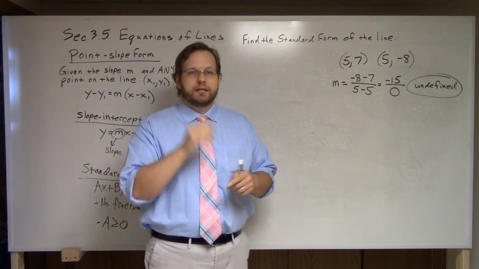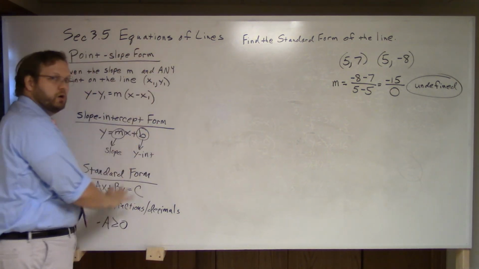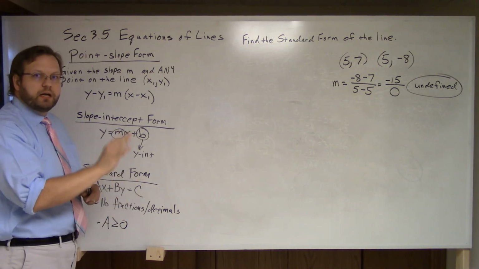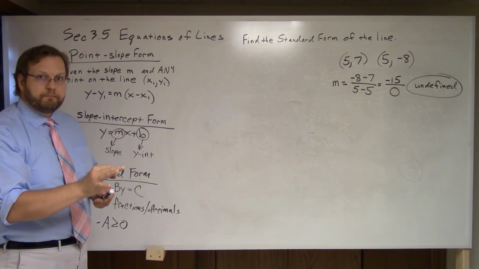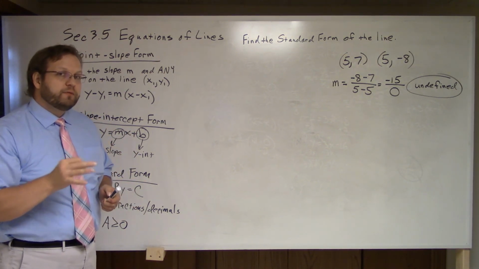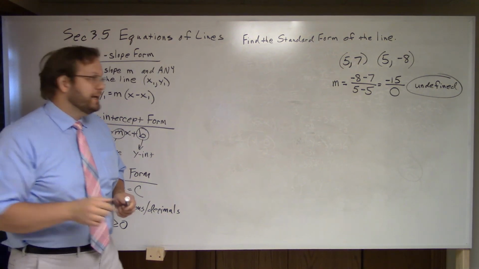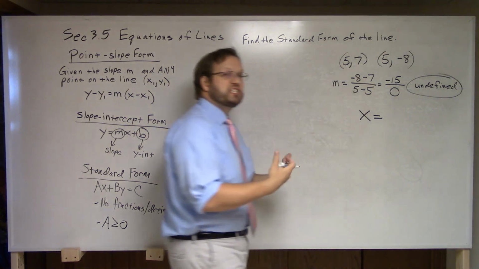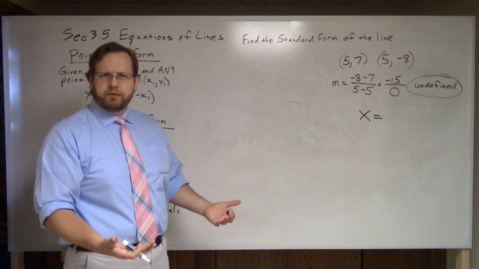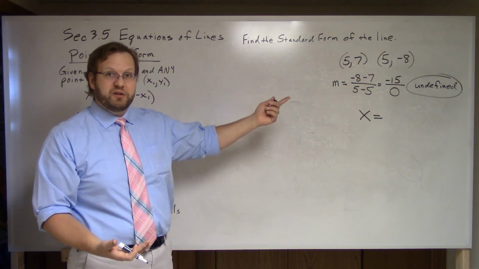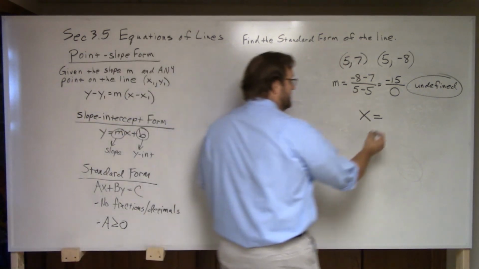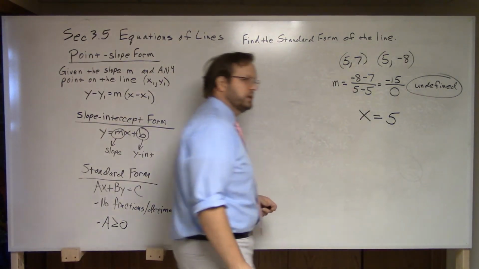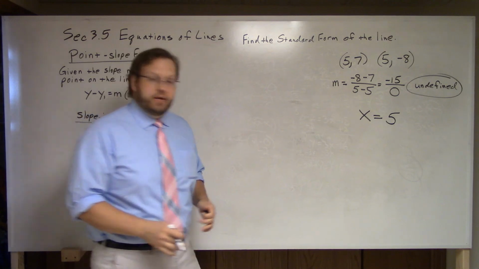When it's a vertical line, these kind of go out the window. There is another form of the line. And any vertical line we've had in the past always had an equation of x equals some number. Now, what number do we pick? What's the only x value they give you? The only x value they give you is 5. And that's your equation of the line.